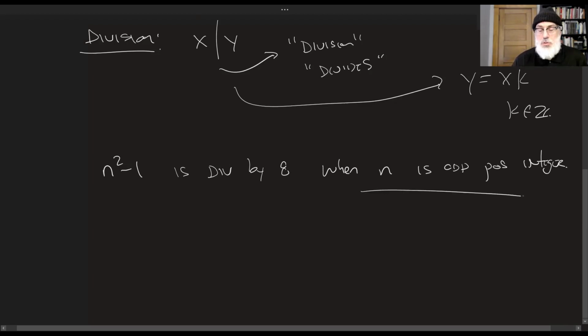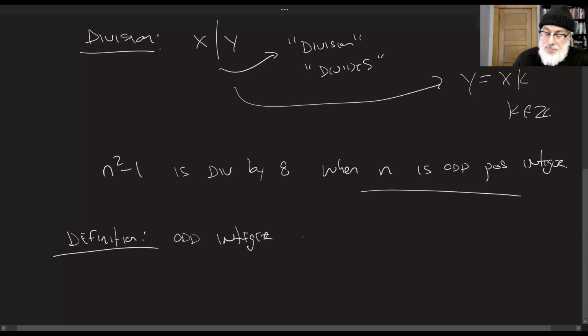And so what we're going to do is we're going to use a definition. An odd integer is 2k plus 1, where I'm using k as any integer.